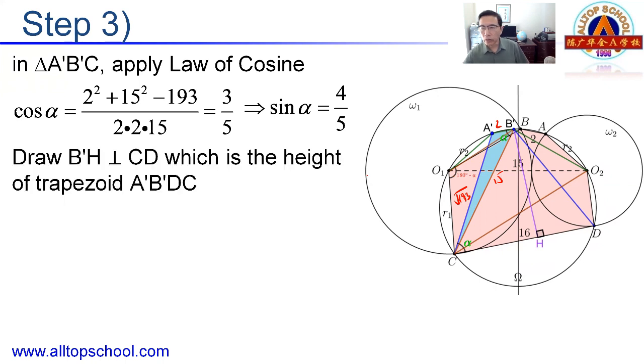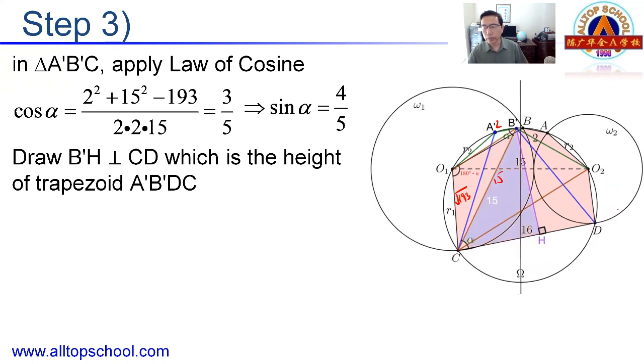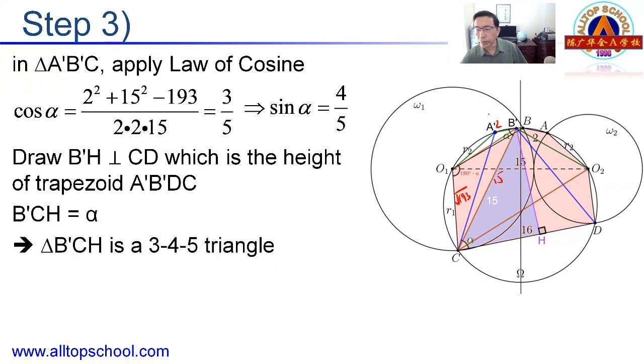And then we're going to draw a perpendicular line B prime H perpendicular to the base of this trapezoid. Just like what we did, we can find the height. From here, we also easily figure out the height, because you can see this is 15, this is cosine alpha, this is sine alpha. So B prime CH will be a 3, 4, 5 triangle.